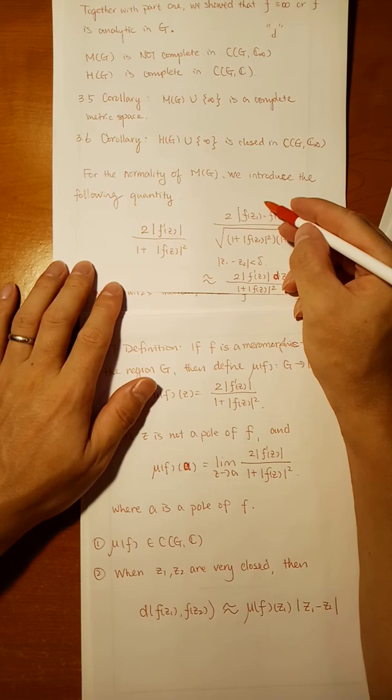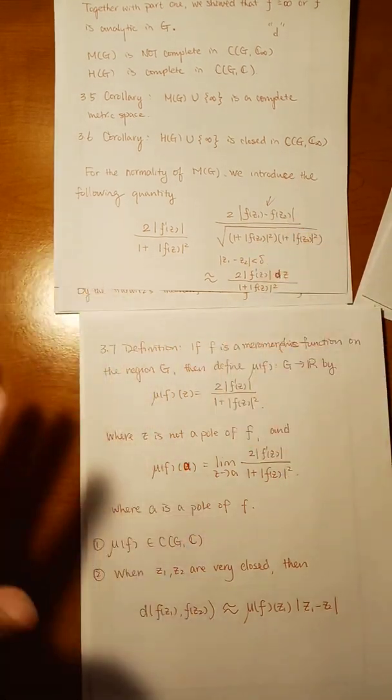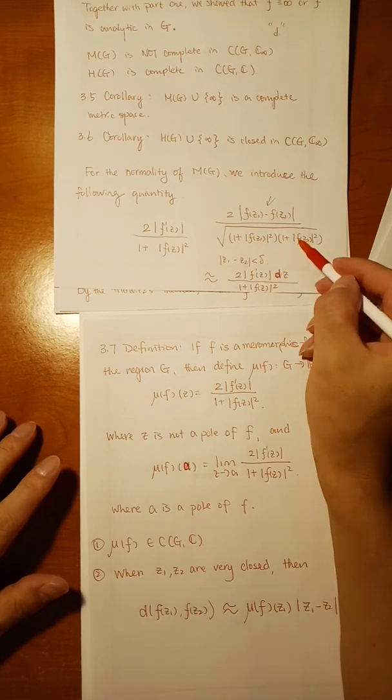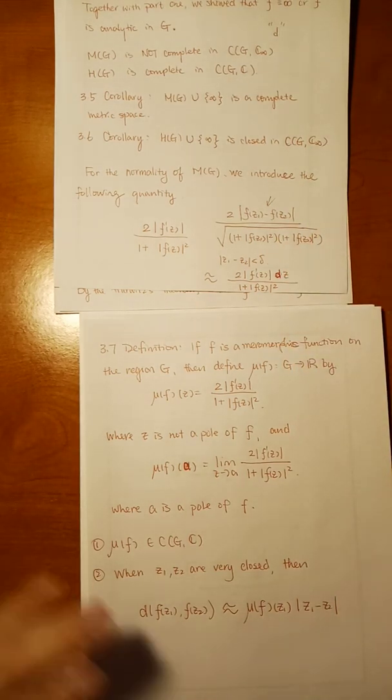So it comes from this differential part of the numerator. For the denominator, you just use approximation to move it out, okay?